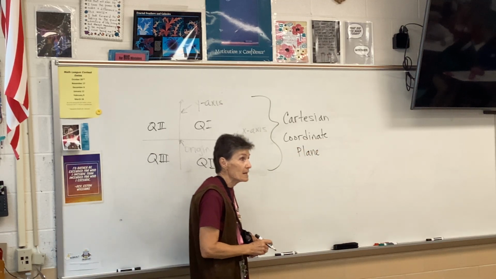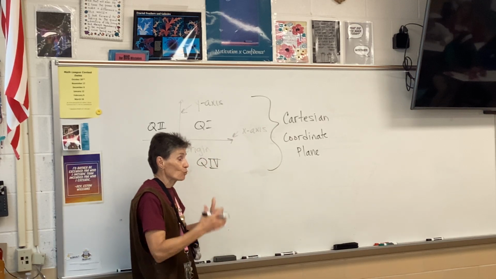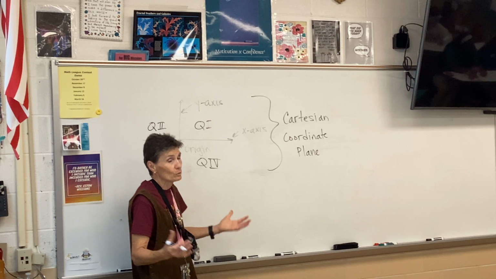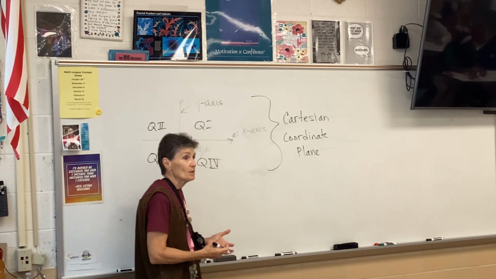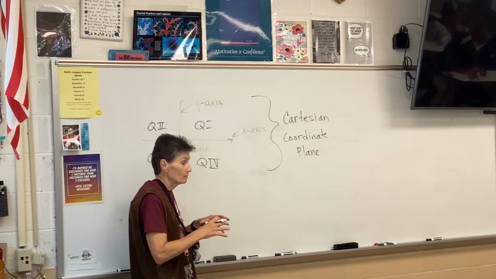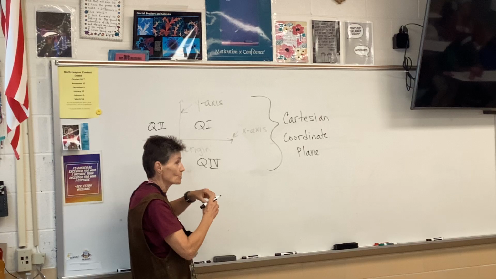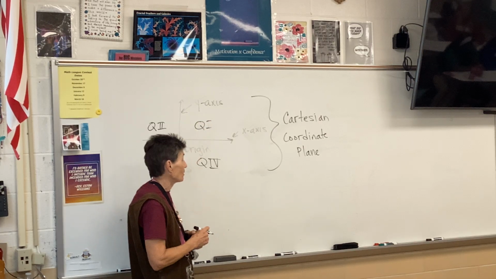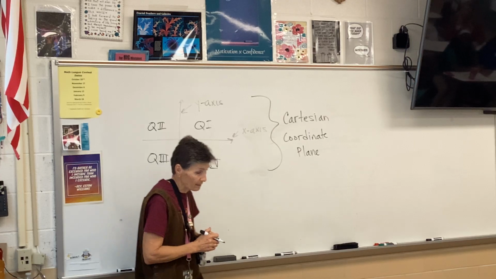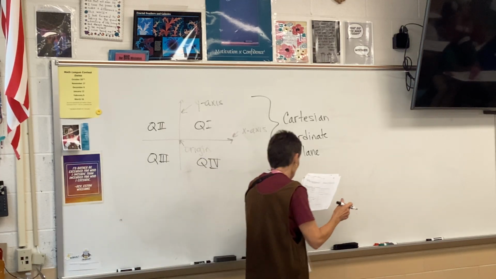A great mathematician, philosopher. He is credited with being the first person to draw math. In other words, he put numbers in positions, plotted points. René Descartes, the Cartesian coordinate plane. Good.